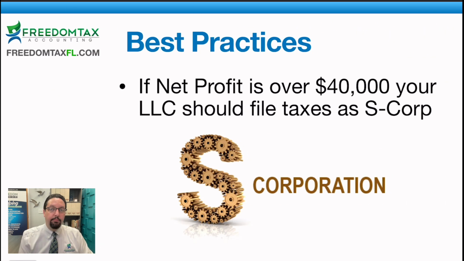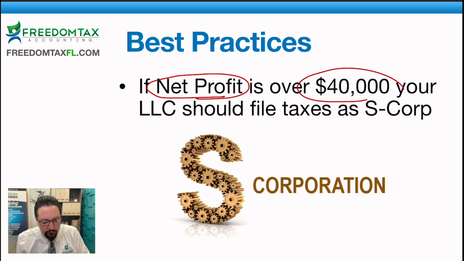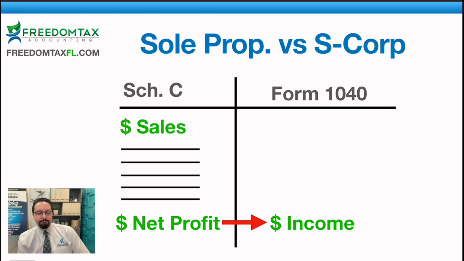Okay. Now, if you are working under an LLC or a corporation or a PA, when your net profit is over $40,000, then you should have your LLC or corporation or PA file taxes as an S corporation. And let me show you why. Let's say that you're a single member LLC. You start off as a real estate agent.